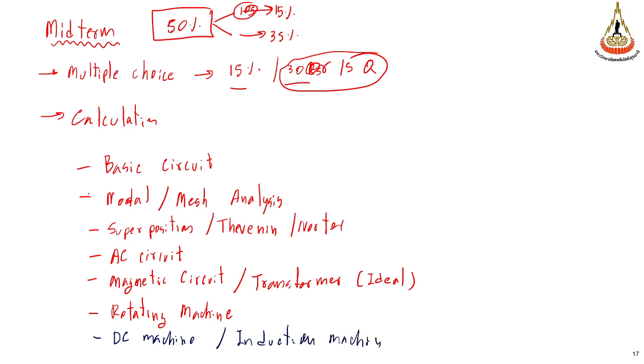Oh, too many. 1, 2, 3, 4, 5, 6, 7. Oh, too many. How to choose that? Maybe I make the exam 7 topics and you can choose for how many? 20%. Choose 4. Okay. Too many, right?